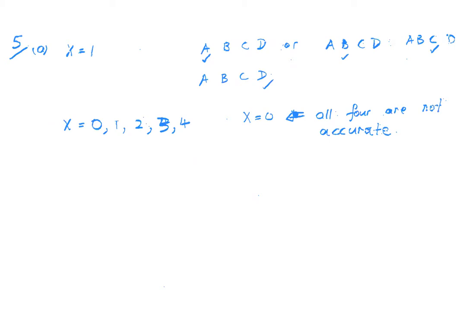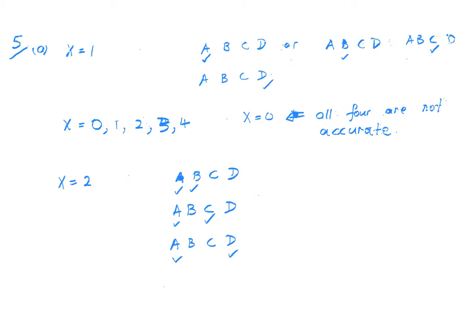So if X equal to 2, it means it can be this and this. There are a lot. It can be this and this. It can be this and this.